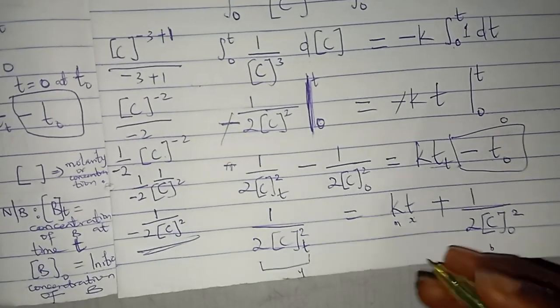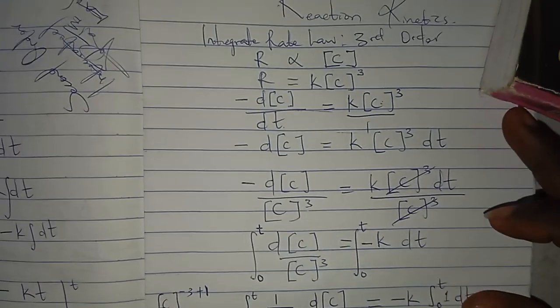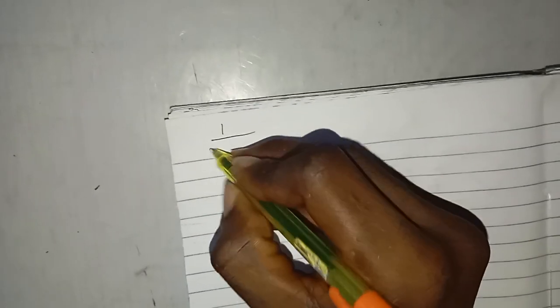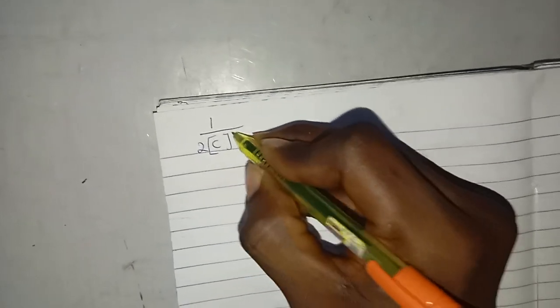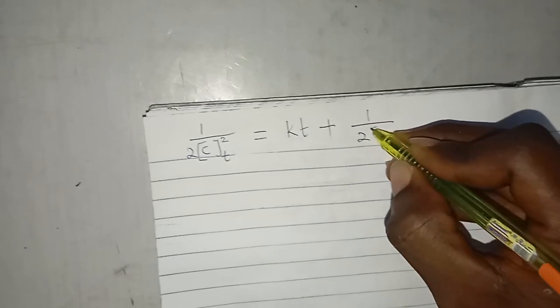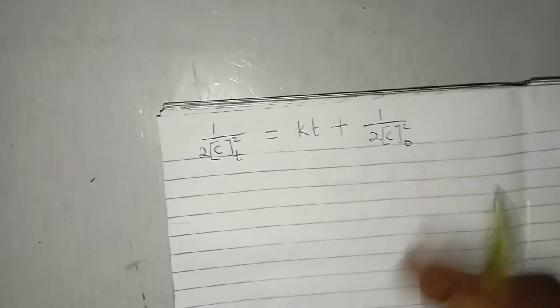So for that reason, I will use LCM to get a common denominator for this. Let me rewrite it. So if I rewrite this, I'll have 1 over 2 c square t is equals to kt plus 1 over 2 concentration of c square 0. Yes, I should be correct.